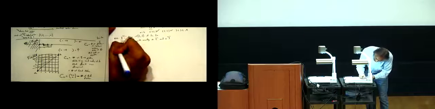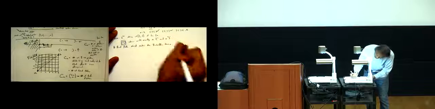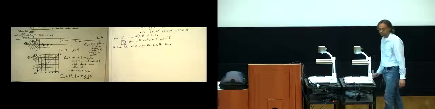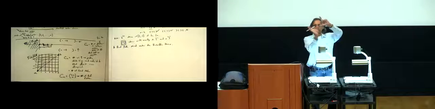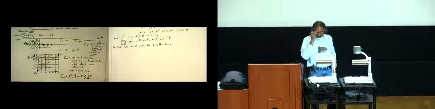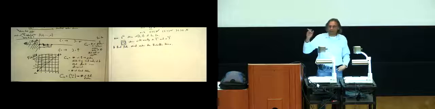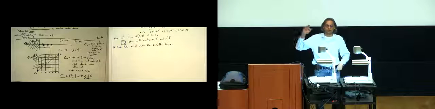A bad path must enter the forbidden zone. So a path here is a sequence of ups and rights. It has n ups and n rights.